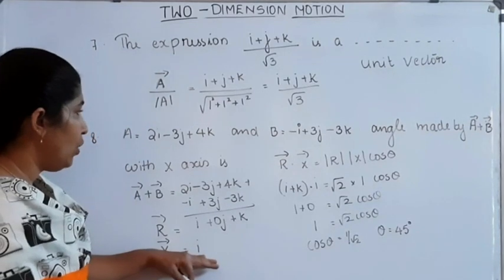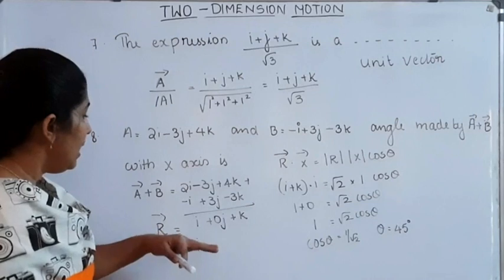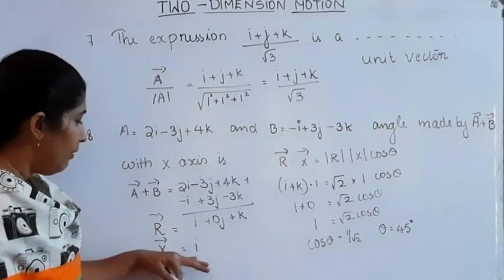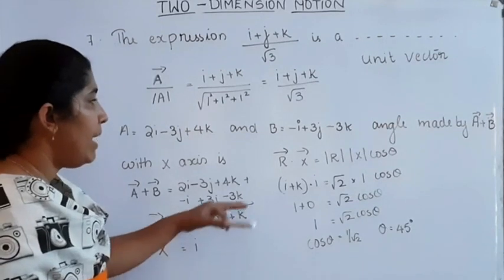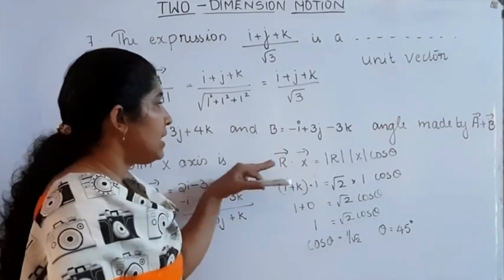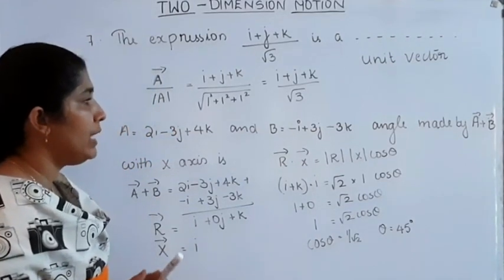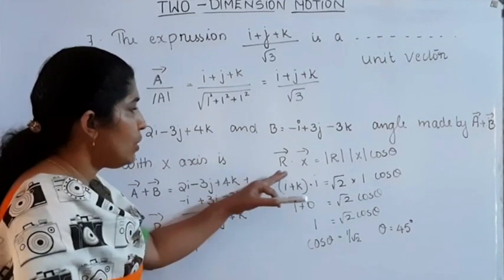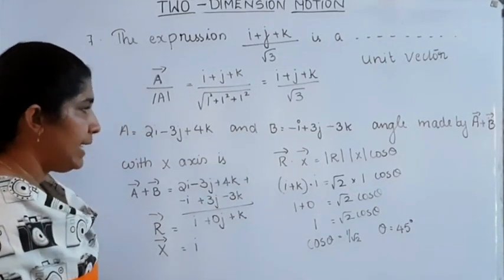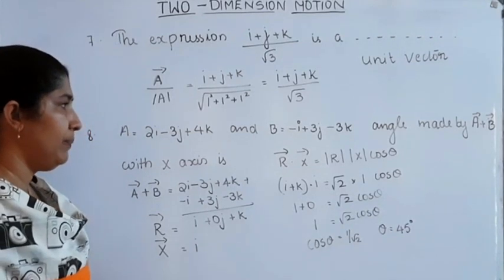We want to find the angle made by this vector R with the x-axis. Then by taking the dot product, vector r dot vector x is equal to modulus of r, modulus of x, cos theta. Then on substituting the values of r and x in this equation, theta is equal to 45 degrees.